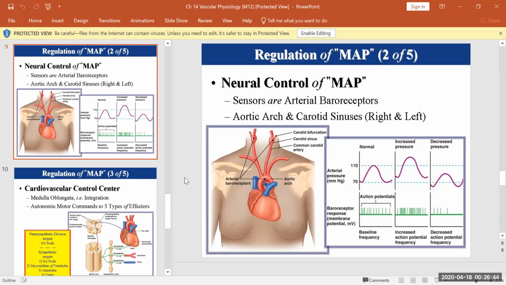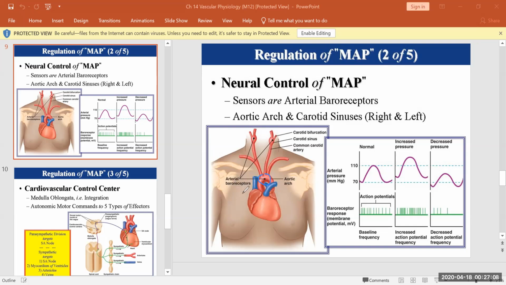And they are strategically located, right? One such location is exactly located at the arch here of the aorta. We call that the aortic arch from anatomy, right? So you have receptors there, and they're called baroreceptors.